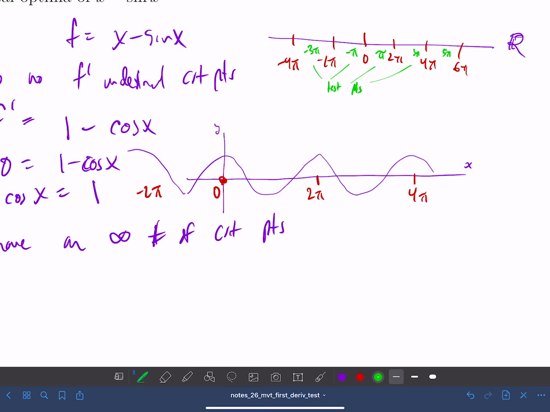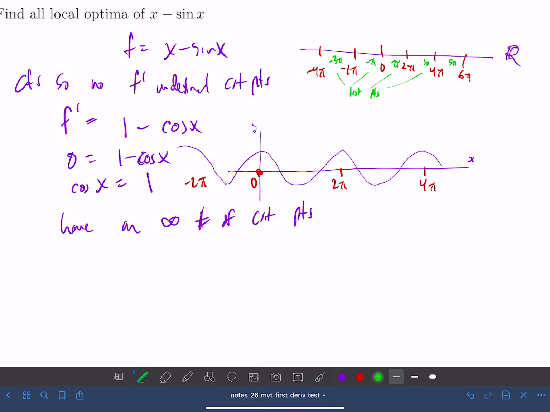All right, so in order to know the sign of the derivative, we're going to plug them in. I want to know what f prime of pi is. That's equal to 1 minus cosine of pi. What's cosine of pi again? Cosine of pi is all the way on the back of the circle. That's minus 1, so this is equal to 2.